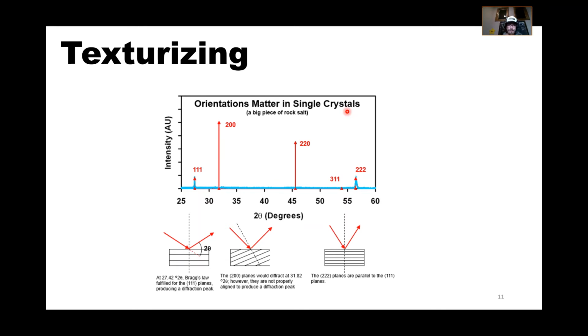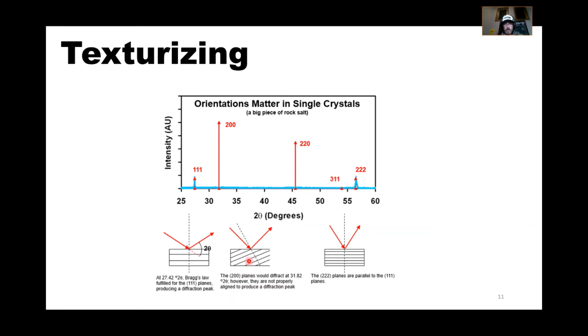Texturizing. With texturizing, you can tell the orientation of your specimen, okay? And that'll become more clear on these next slides, not just this one. Here your specimen's oriented so that 111 can actually diffract and show a peak.